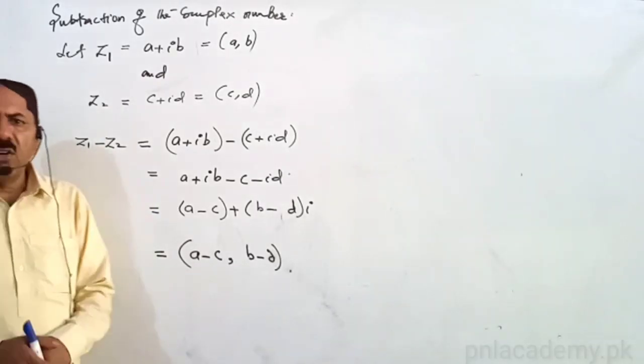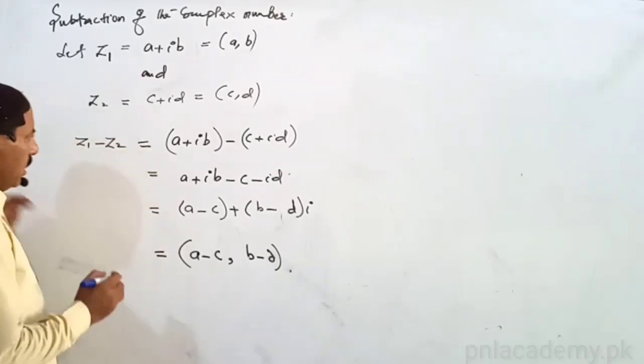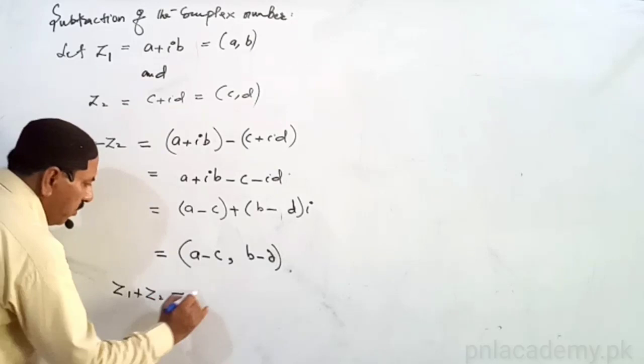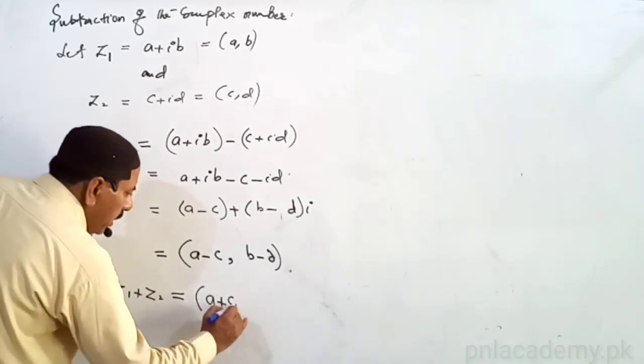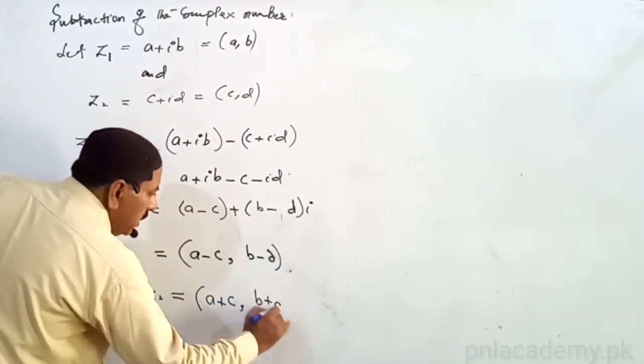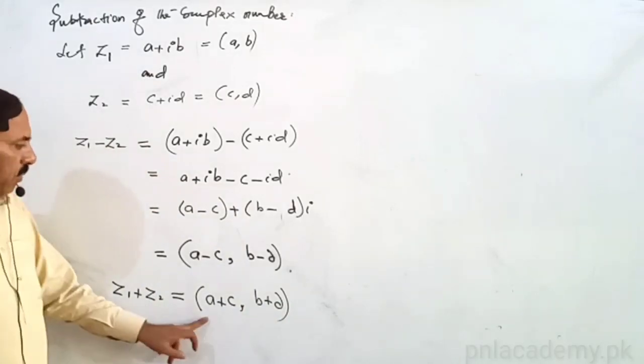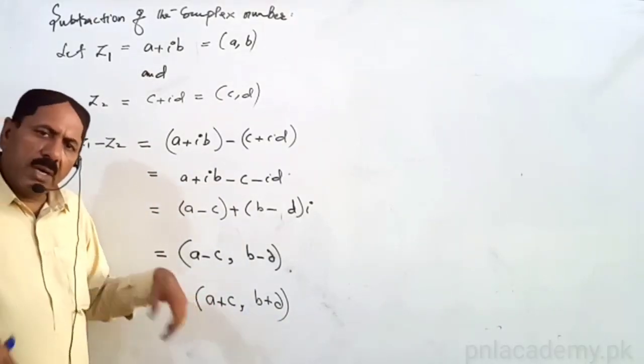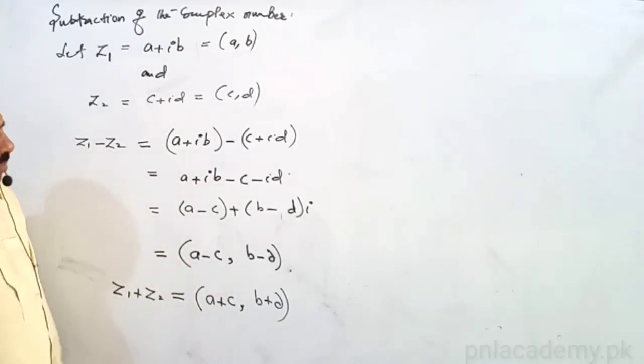Similarly, for addition, z1 plus z2 will be (a plus c, b plus d). Means the real part will add to the real part and the imaginary part will add to the imaginary part. This is the addition of complex numbers.